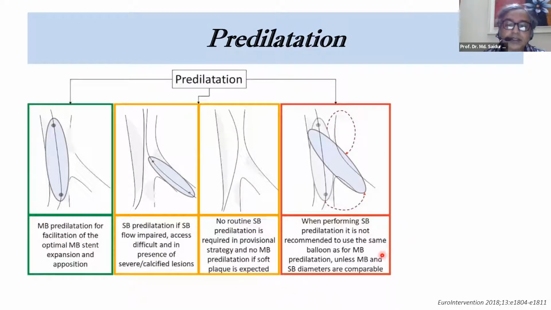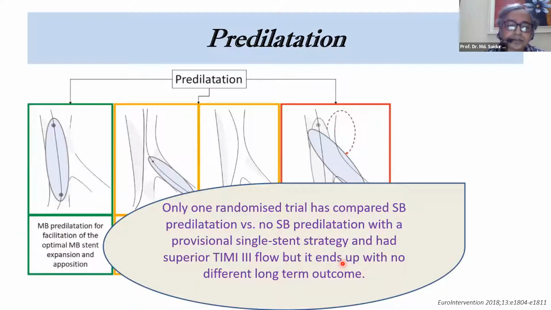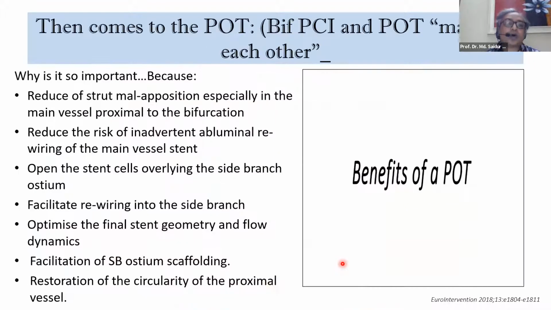And while performing the SB pre-dilatation, it is not recommended to use the same balloon which we are using for main branch pre-dilatation. And we have to just see what the diameter of the side branch is. And these are the randomized trials, they are also looking at whether SB pre-dilatation is necessary or not. And the long-term outcome is that sometimes it is better and sometimes not.